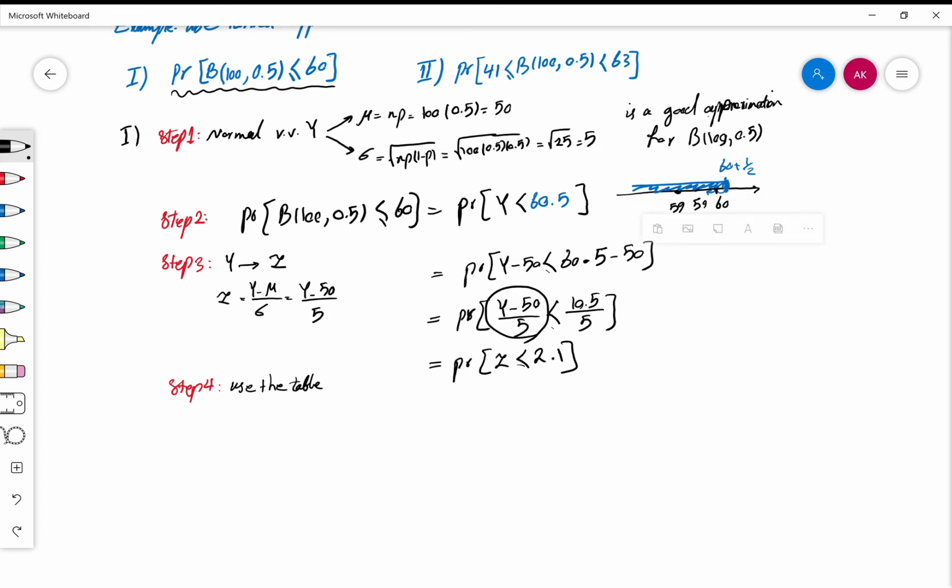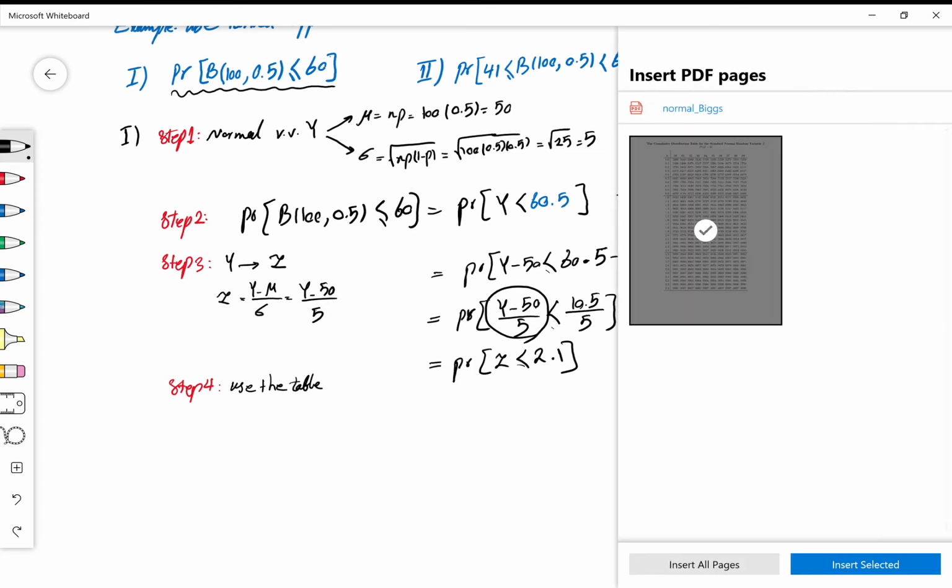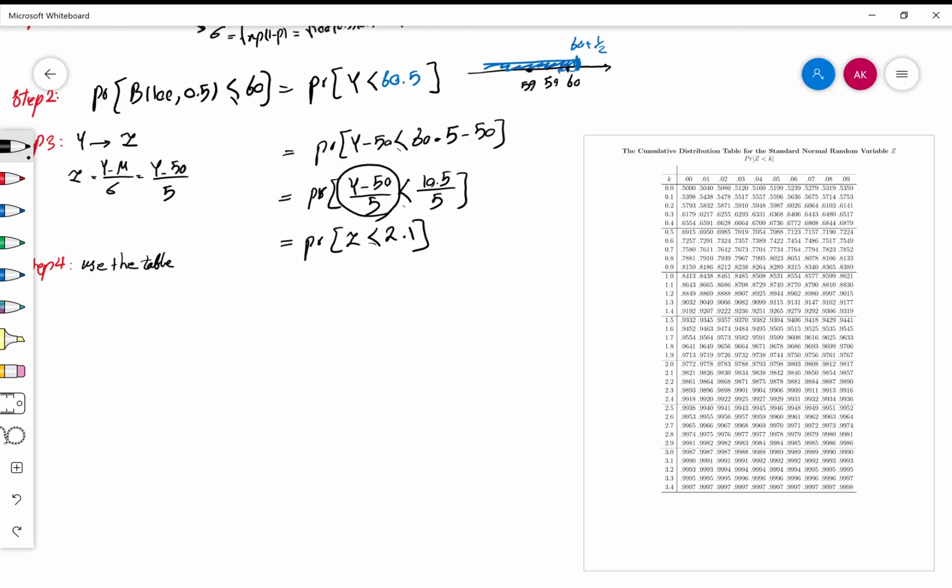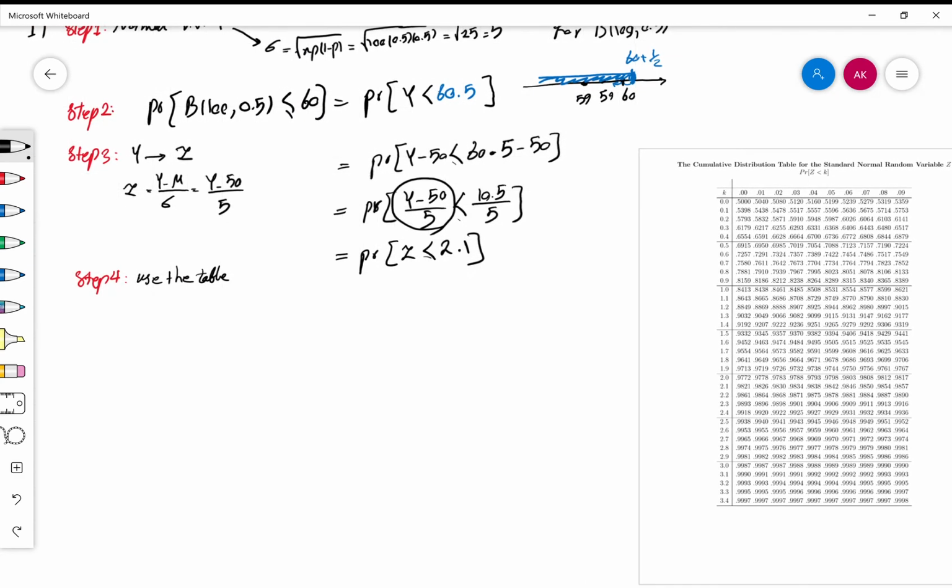And this is 2.1. 2.1 is somewhere here, and the second decimal is 0. So we have 0.9821, and that's the final answer.